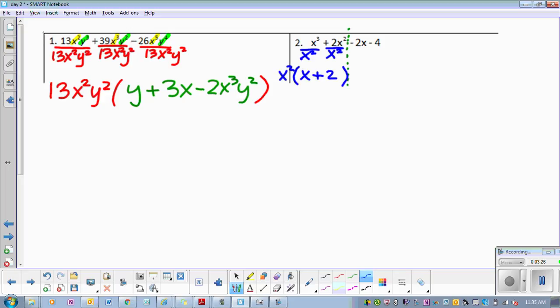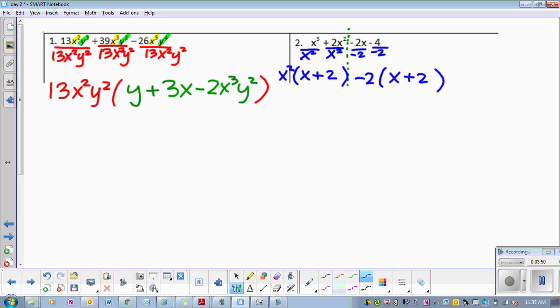Great. On the right-hand side, what is it starting with? Negative. It's a negative 2x minus 4. When it starts with a negative, you need to bring the negative out. Negative 2, right? Divide everyone by negative 2, and you get x plus 2.